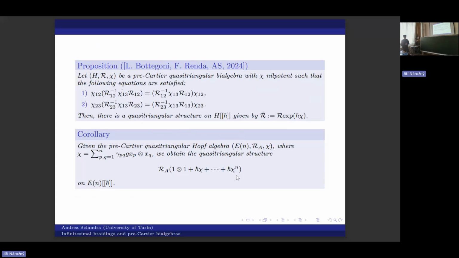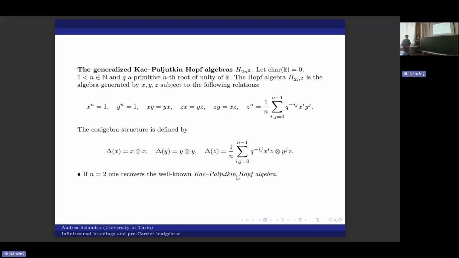But these structures are also rare. In fact, we have some no-go theorems. Let's say we have some big families of algebras where we have no such chi.